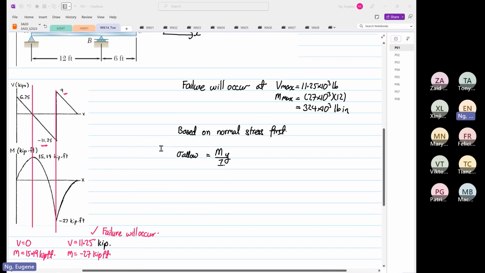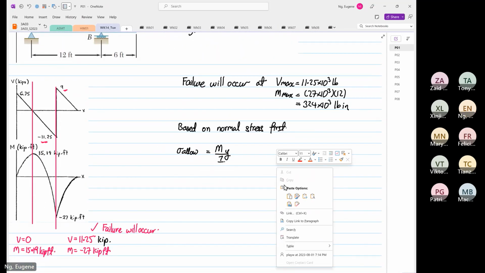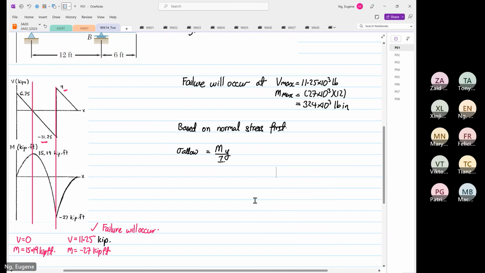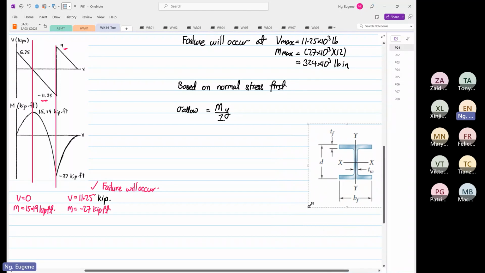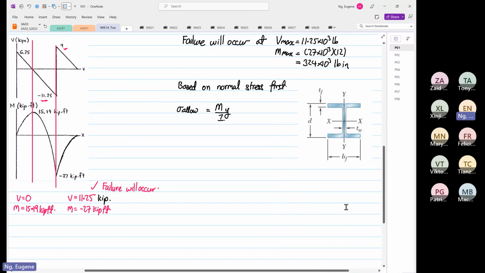It is a wide flange, and we're going to calculate based on the maximum allowable.